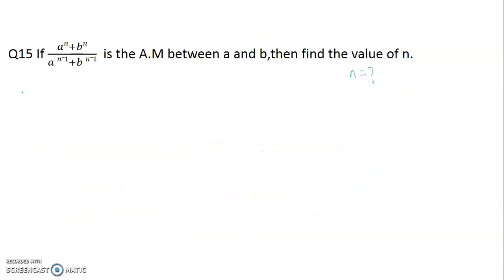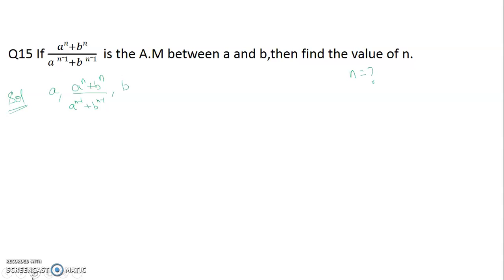This means I can write now: this is the arithmetic mean between A and B. So A raised to the power n plus B raised to the power n upon A raised to the power n minus 1 plus B raised to the power n minus 1. If these 3 are in AP, because this is given as the arithmetic mean between A and B, this means this is equal to A plus B by 2.